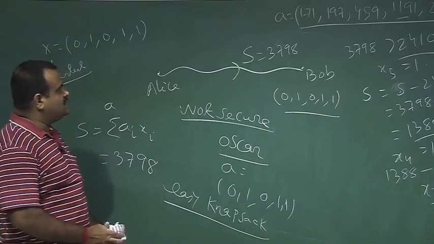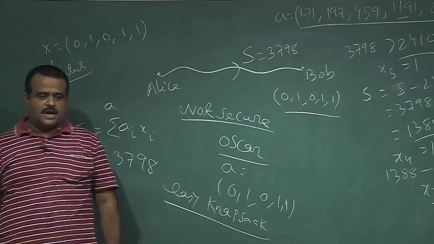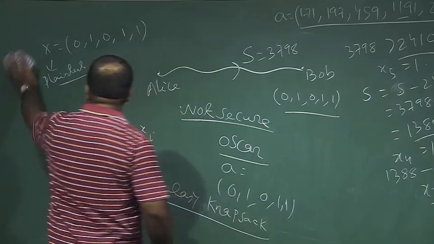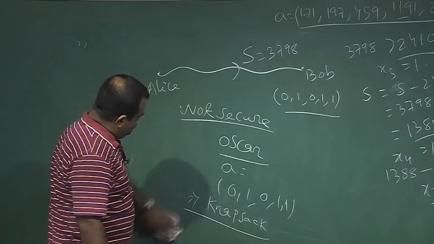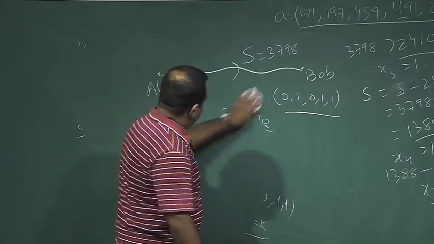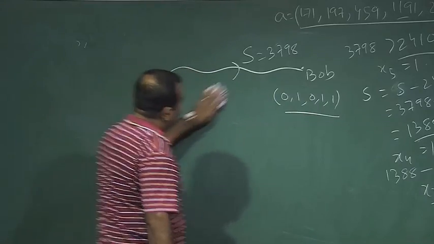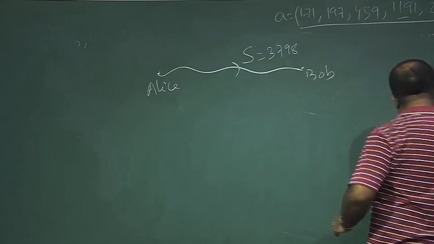So the challenge is how to make it hard, and the idea is to do a modular operation. This is called easy knapsack, which is not secure. Now we will go to the original knapsack crypto system.